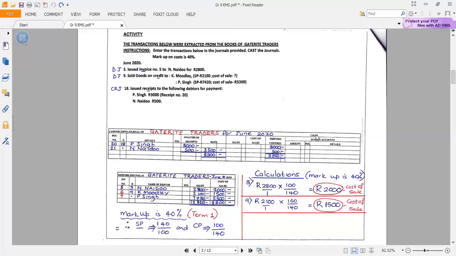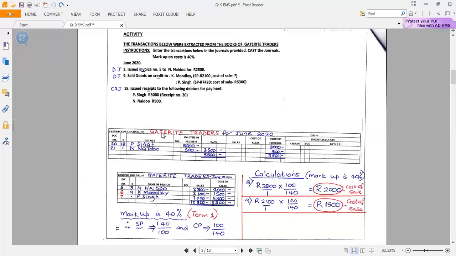I have allocated a folio number at the end there that makes for easy referencing, both for the CRJ and the debtors journal as well. It's debtors journal of Gateway Traders for June 2020. DJ 10.